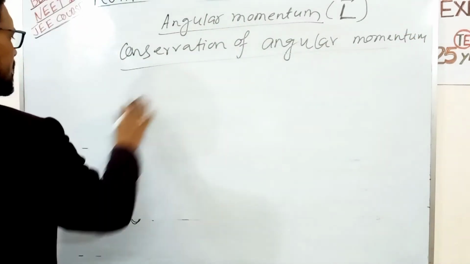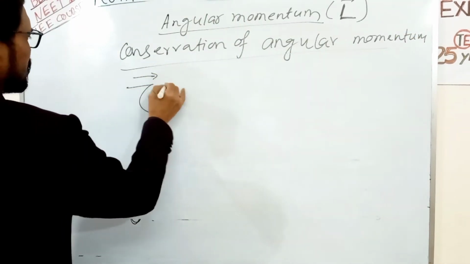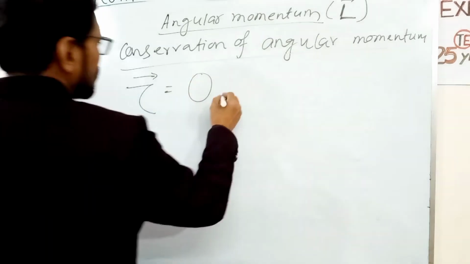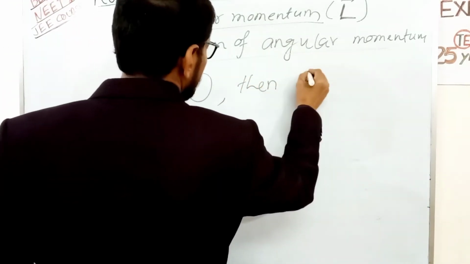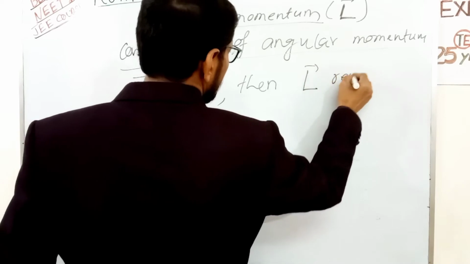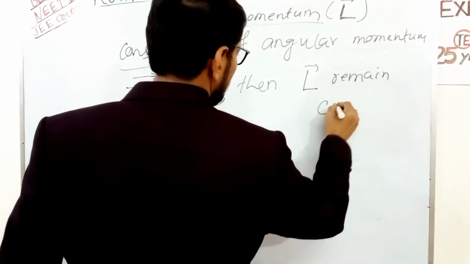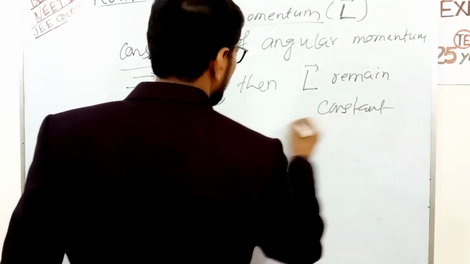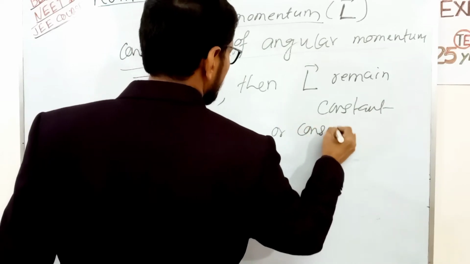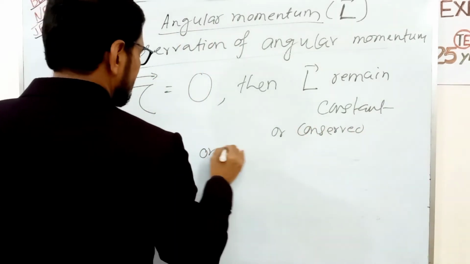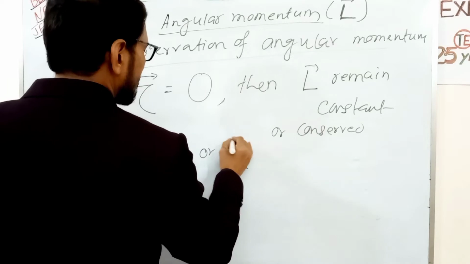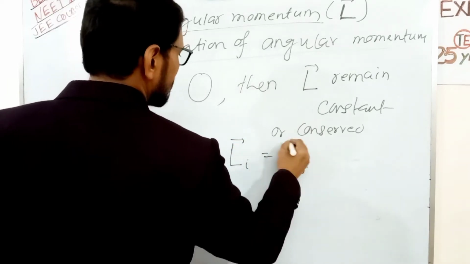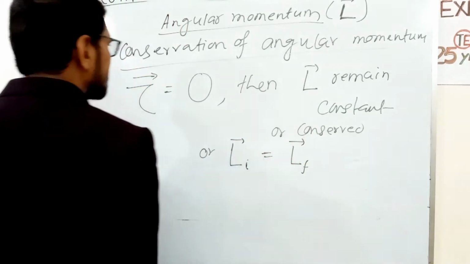Formula for conservation: if external torque equal to 0, then L remains constant or conserved, or initial angular momentum equals final angular momentum.